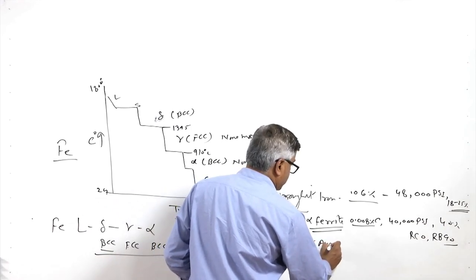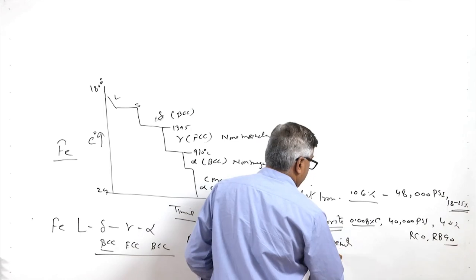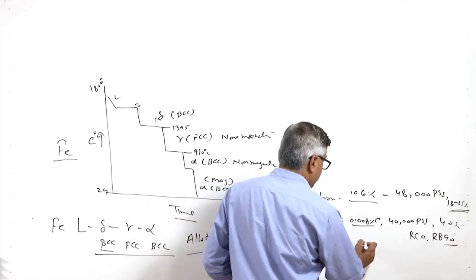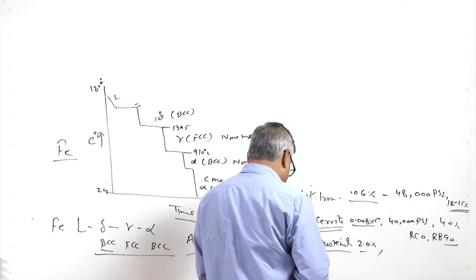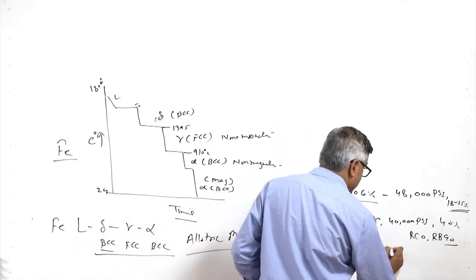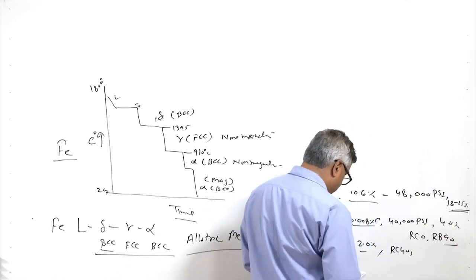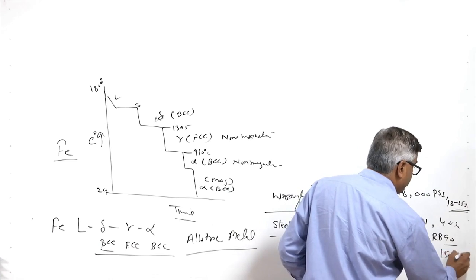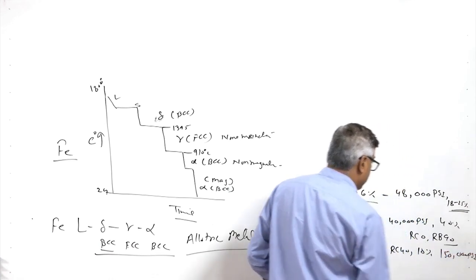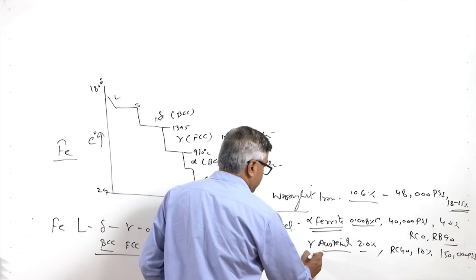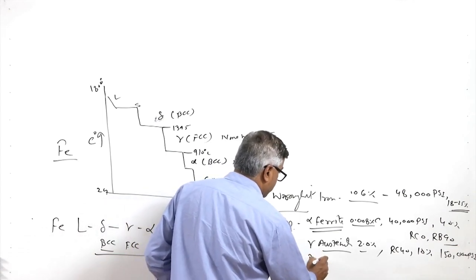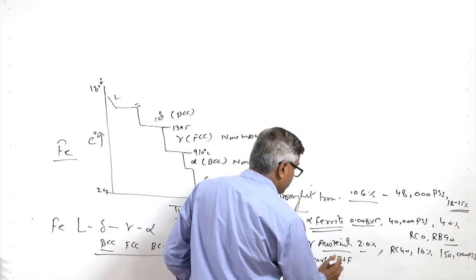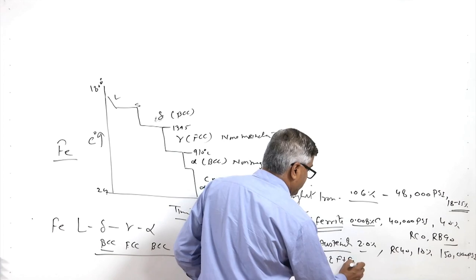Then we talk of another phase, the gamma, which is called austenite. In austenite, the maximum solubility for carbon is about 2%, and it offers hardness of RC40 and ductility of 10%, and the strength is very high, 150,000 psi. As compared to this, pearlite is a mixture of ferrite plus cementite, ferrite plus Fe3C.